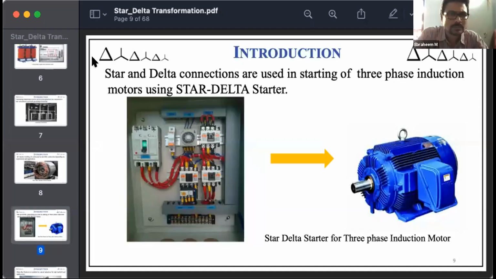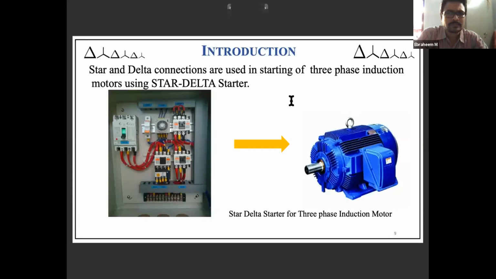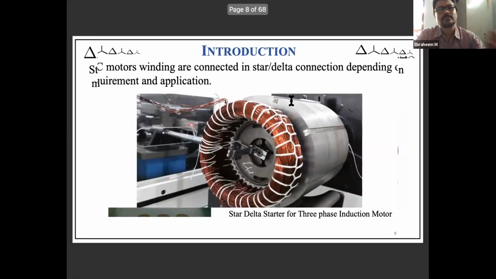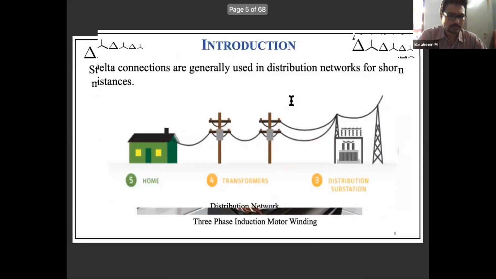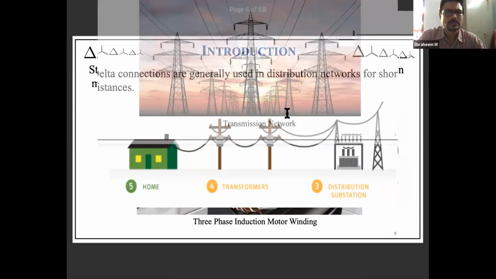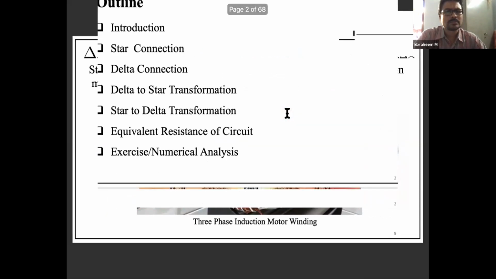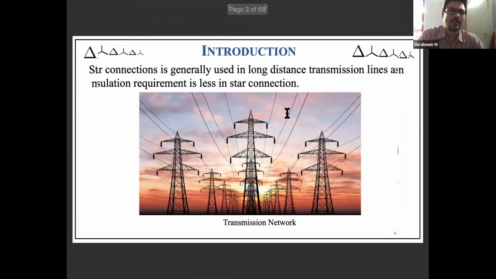I just want to show you a simple PPT. Star connections and delta connections are both used.